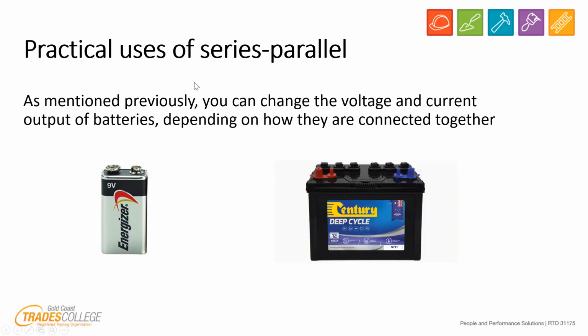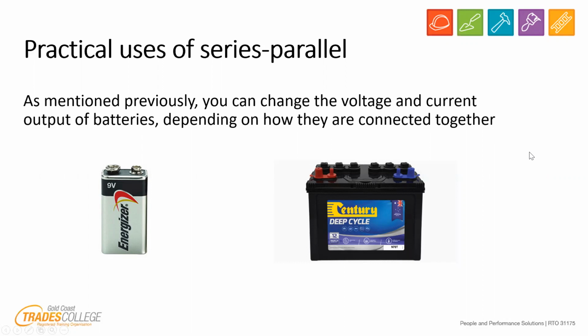This is where series parallel comes in. If you want to increase the voltage together with increasing the length of time you can use the battery, then you would connect it in a series parallel combination to increase the voltage to what you need. So whether that be 50 or 100 volts or whatever. And obviously then you connect as many batteries in parallel to increase the number of amp hours.